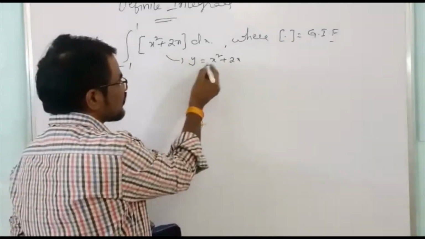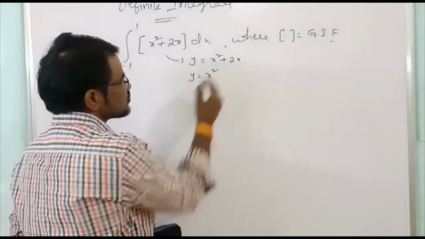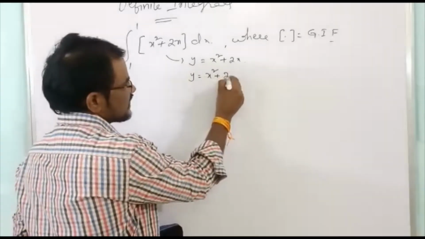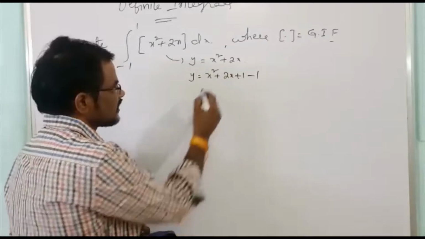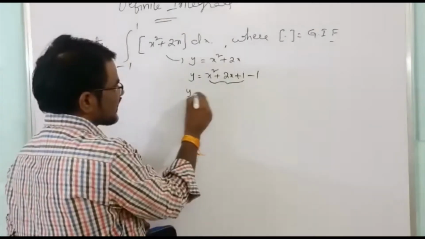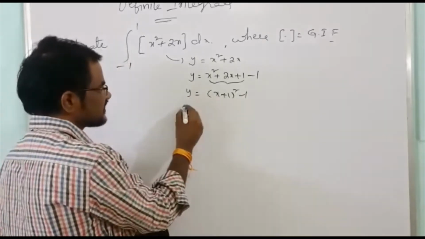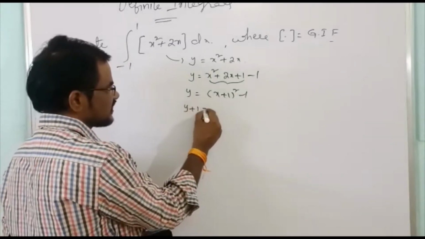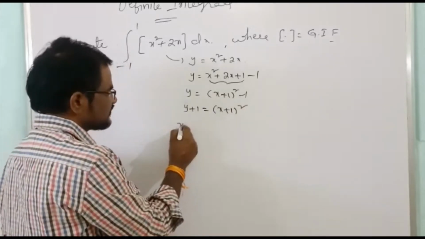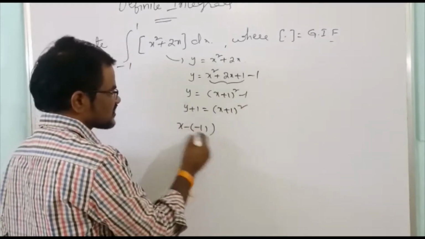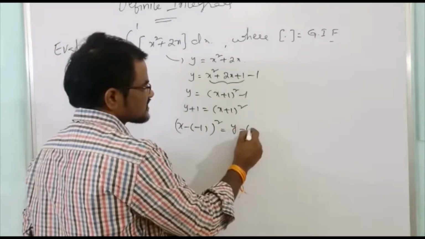So if you find the vertex of this one by using y equal to x square plus 2x plus 1 and minus 1, adding and subtracting 1, from these three you can write x plus 1 whole square minus 1. Minus 1 bring this side, so y plus 1 equal to x plus 1 whole square. Now again this can be written as x minus of minus 1 whole square equal to y minus of minus 1.